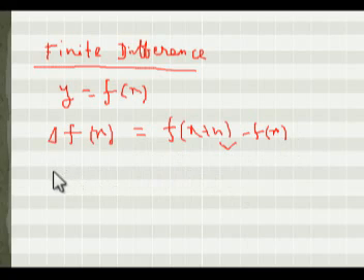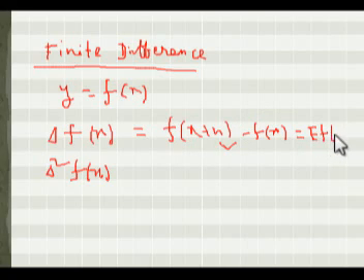Now we can take the second application, del square f(x), in this way. This is termed the shift operator E, where E f(x) is f(x plus h).